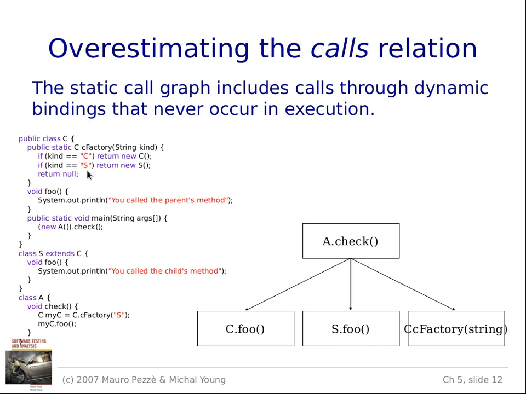We're passing it s, so it's going to create a new s. c.foo, because if you look down here at s, which extends c, it's going to call c.foo in this Java code, and then it will also depend on s.foo in case that's what it actually wants to call, because over here it's extending or replacing it. So notice that a.check depends on these three because it could be calling any one of them.